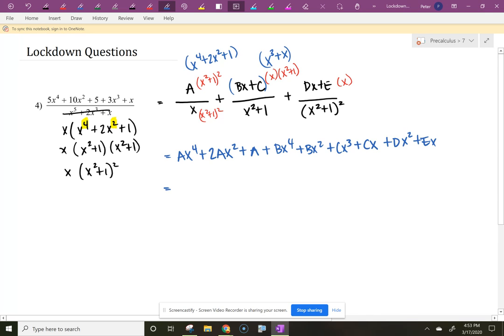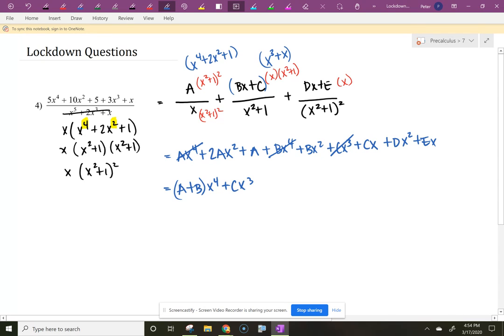I do see some x to the fourth, so A plus B would get multiplied by x to the fourth. That would take care of those. And then I see x cubed. I think I only see one cube, so that's good. Plus Cx cubed, my bad. And then I see x squareds.